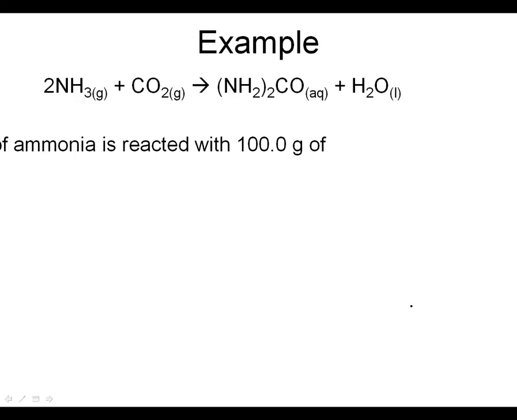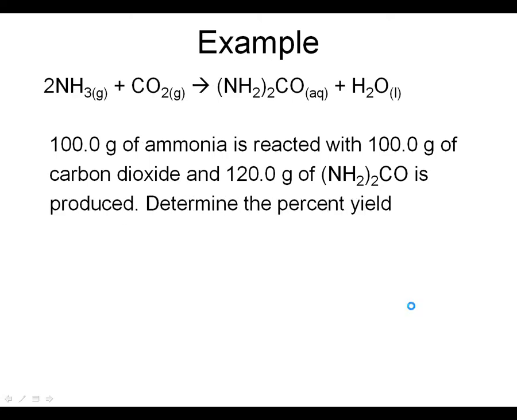So let's see how this works using sort of the same reaction that we just saw. In this case, we're going to take 100 grams of each of these. And we are going to produce 120 grams of this guy.